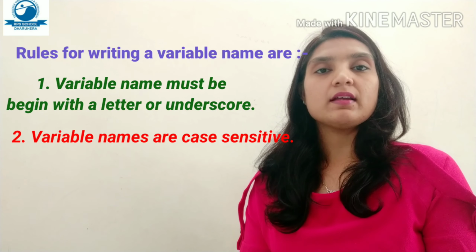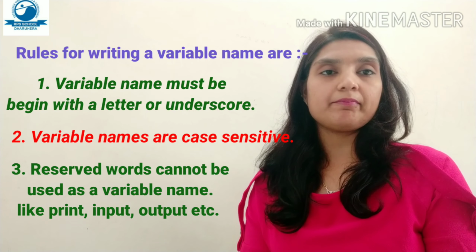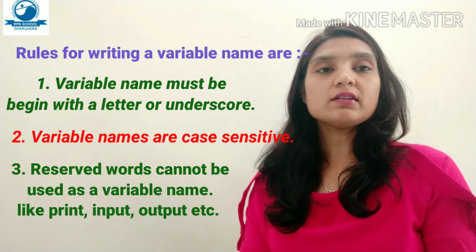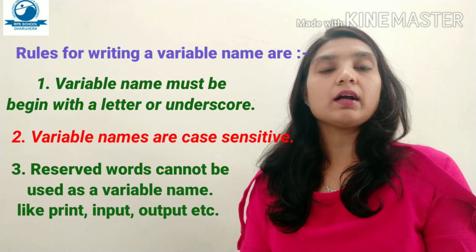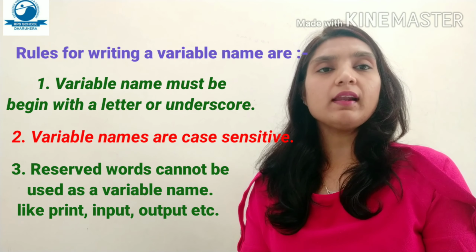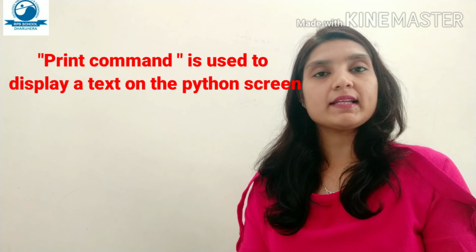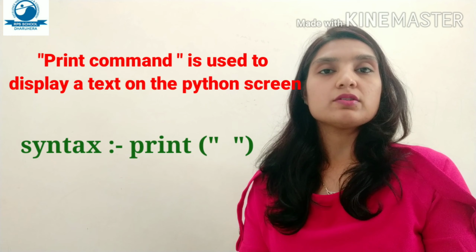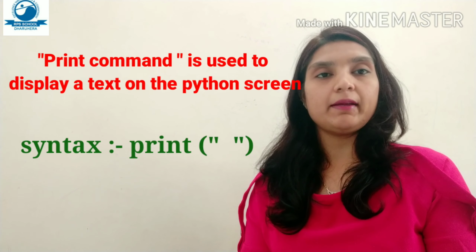Third rule is reserved words cannot be used as a variable name because reserved words have a predefined meaning in Python, like the print command, which is used to print text on the Python shell. So print cannot be used as a variable name.